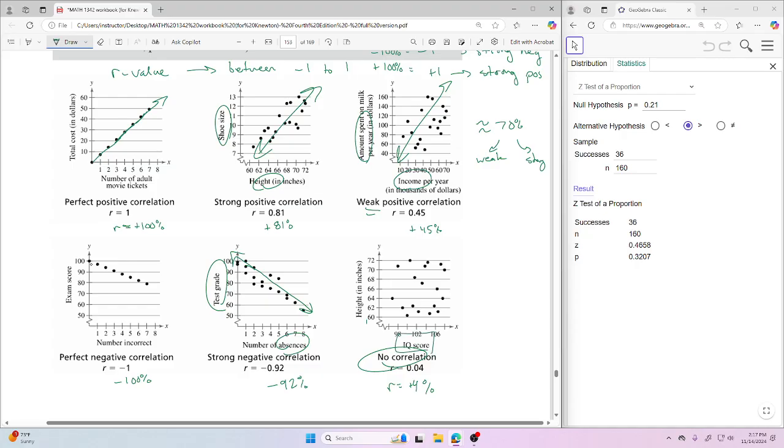IQ score versus how tall you are. Just no relation. You can't tell. Okay. So here's an interesting thing. Did you see me draw a line right quick? Did you know that you humans are really good at doing that?